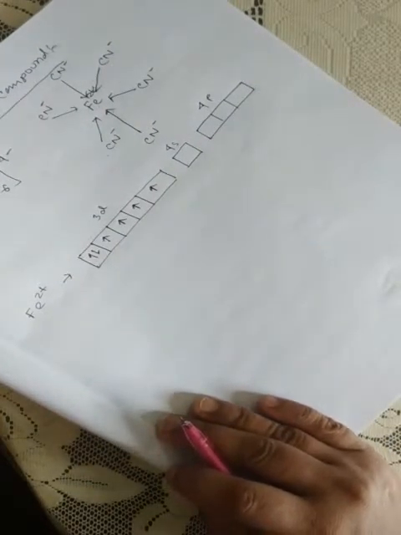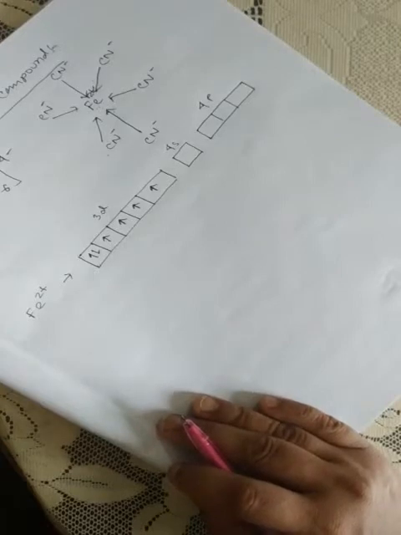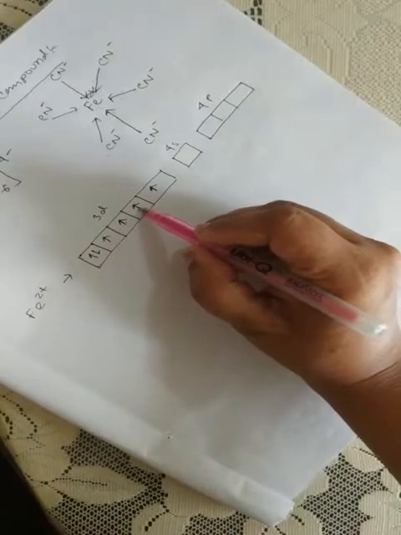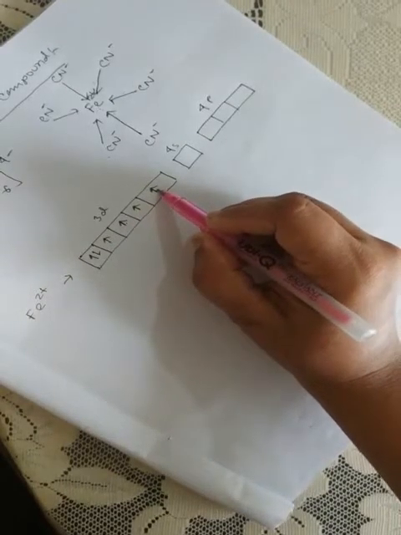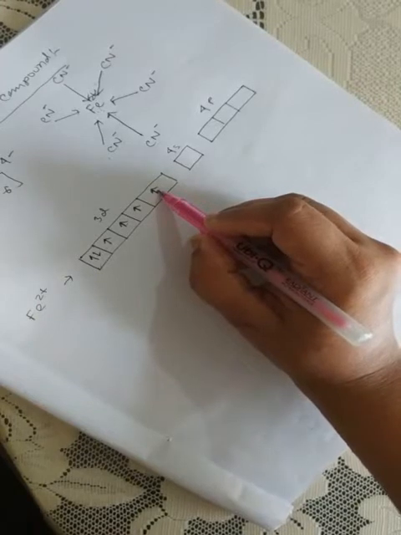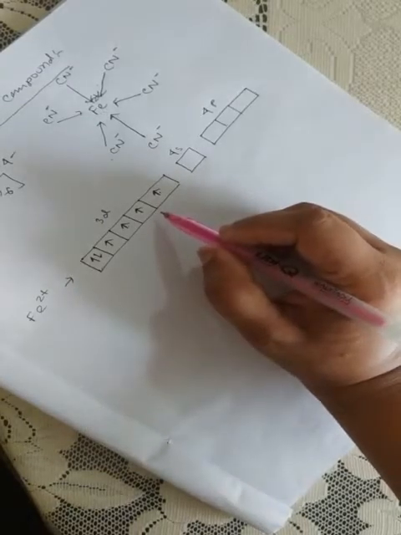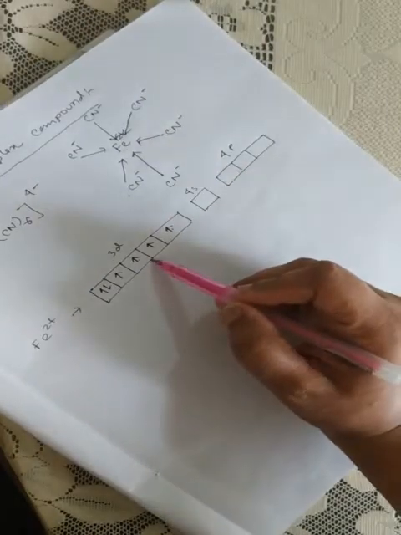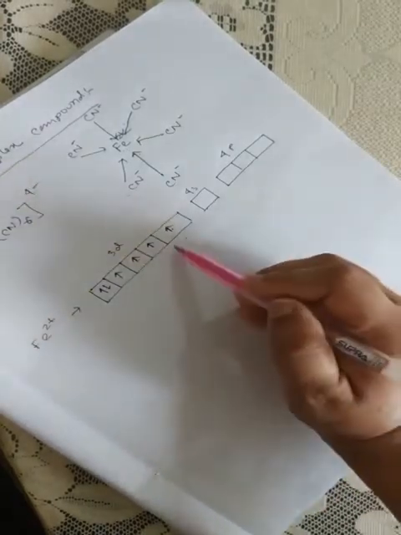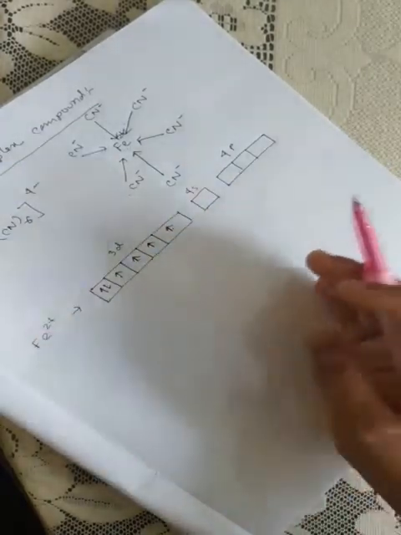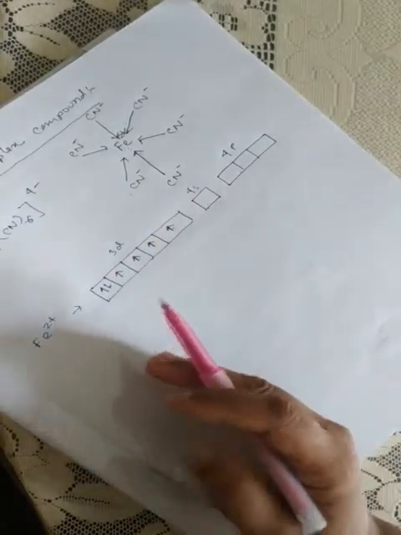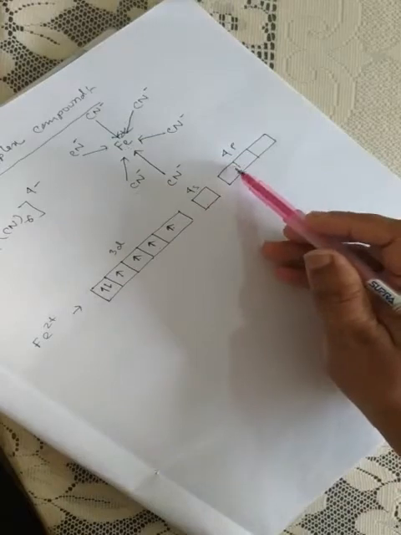Due to the influence of the ligand, the unpaired electrons of the valence shell of the transition element get paired up to make vacant orbitals. Okay, that means the energies of the 3d, 4s and 4p orbitals are not similar. By the hybridization process, these 3d, 4s and 4p orbital energies become similar.